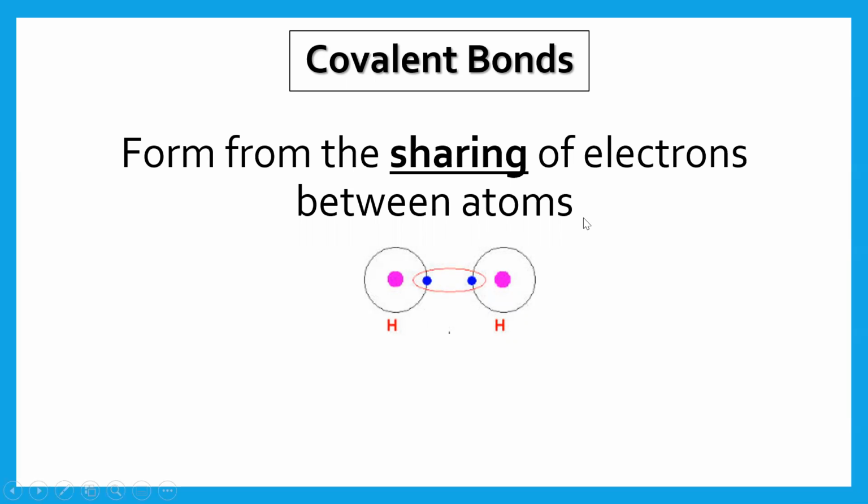Most elements like an octet of 8. However, hydrogen likes 2. So this hydrogen will share, and it will get 2, and this hydrogen will share, and it will have 2 electrons. Everyone is happy. So what happens is the rings come close together, they overlap, and now they're going to figure 8 around each atom. So they're sharing those 2 electrons, and now they are happy and stable.